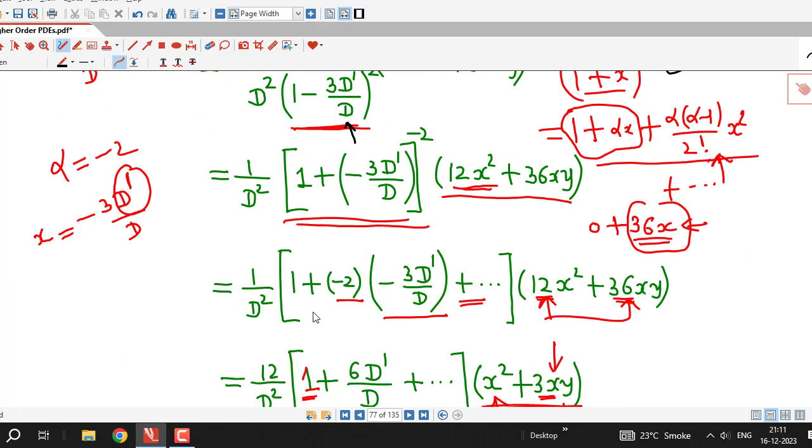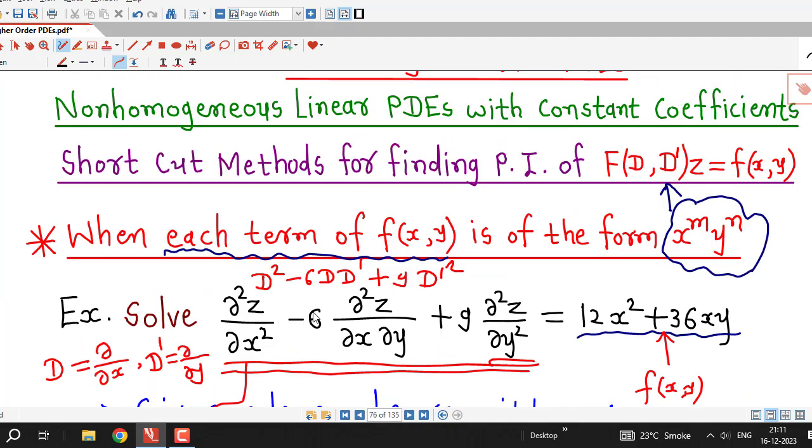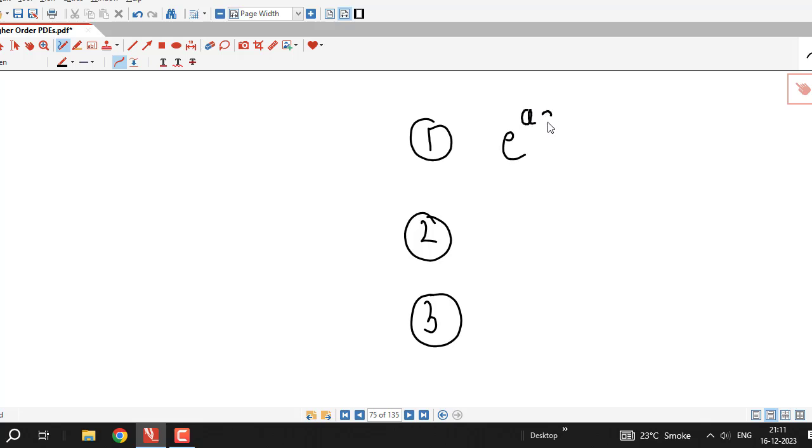So this is another shortcut method for finding the solution of a non-homogeneous equation when the right hand side is a polynomial function. We have discussed 3 shortcut methods, and those methods depend on the particular function on the right hand side.